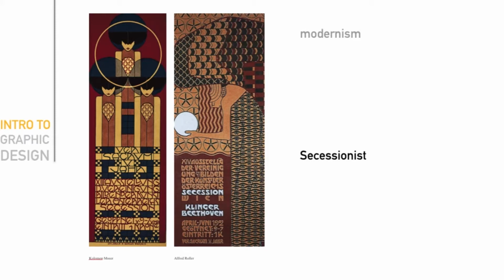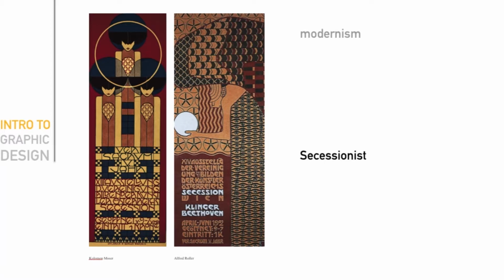So abstracted figures, limited color palettes, flat colors, an emphasis on bold use of line, and not just for contours, but everything is stylized and abstracted into a kind of geometry. They use sans serif lettering, slab lettering, patterns that integrated text and illustration and ornament all together as a unified whole.